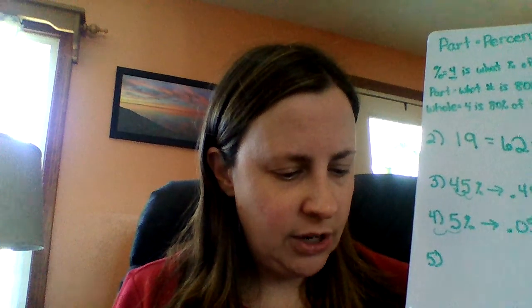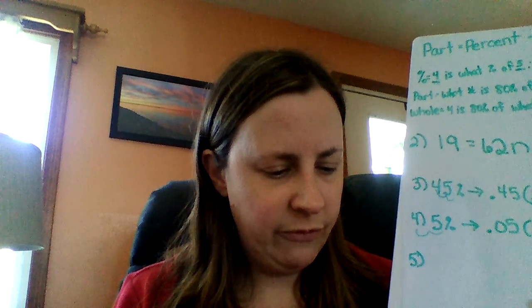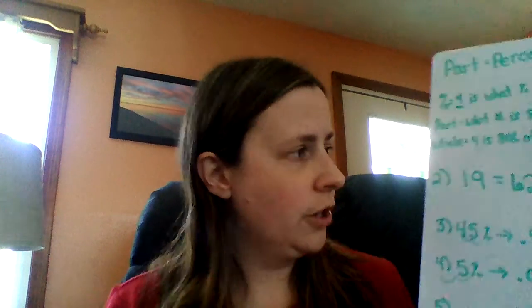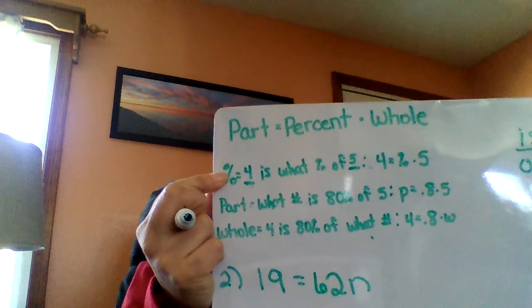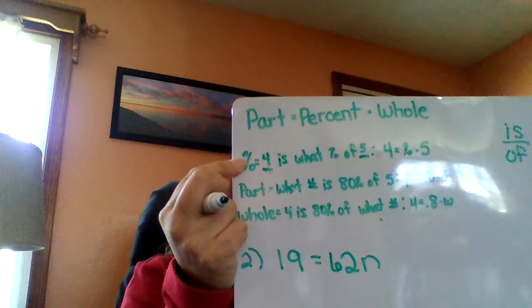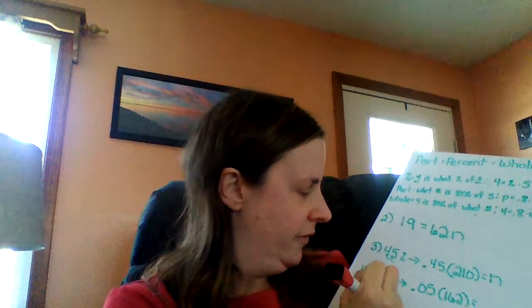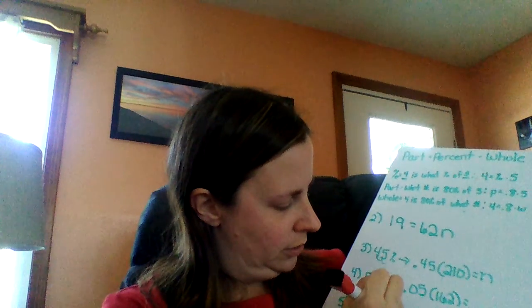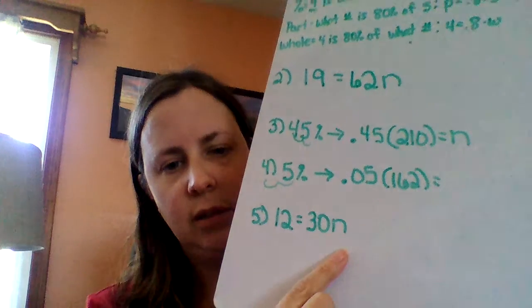In the Central City Grand Prix, out of 30 cars that started the race, 12 of them finished. What percent of the cars finished the race? I'm trying to find the percent. So for number 5, I'm putting 12 equals 30 times n. That's my percent.